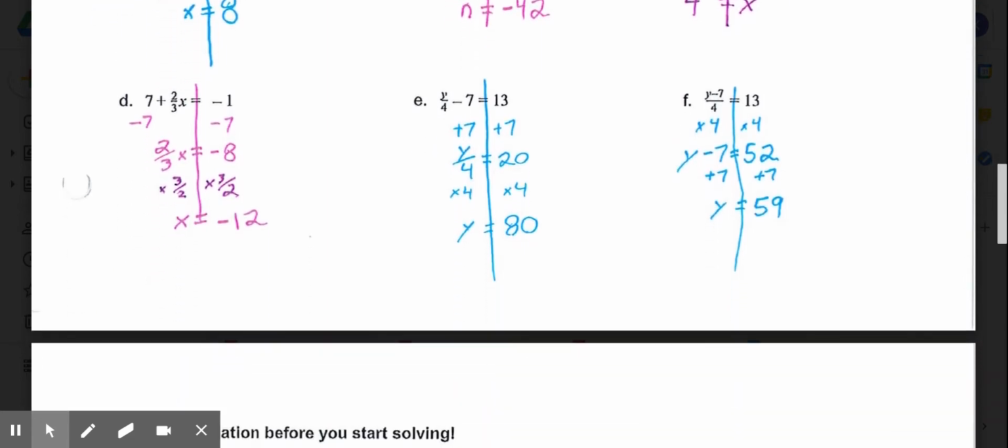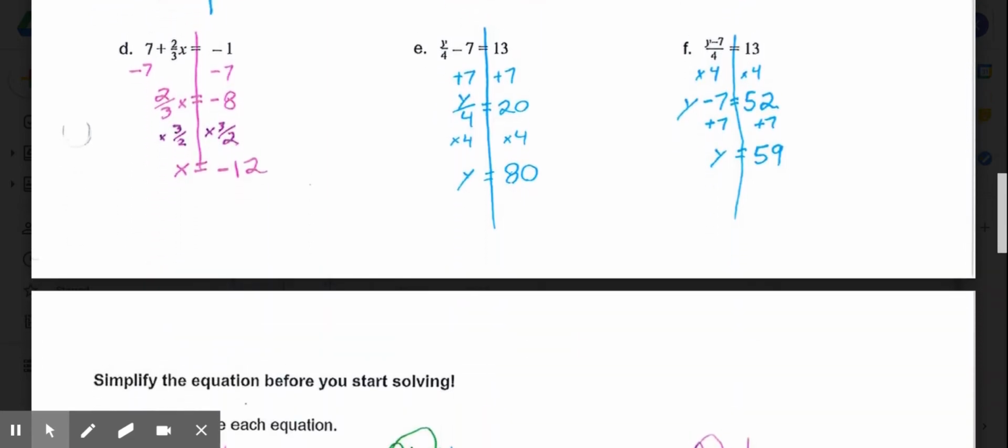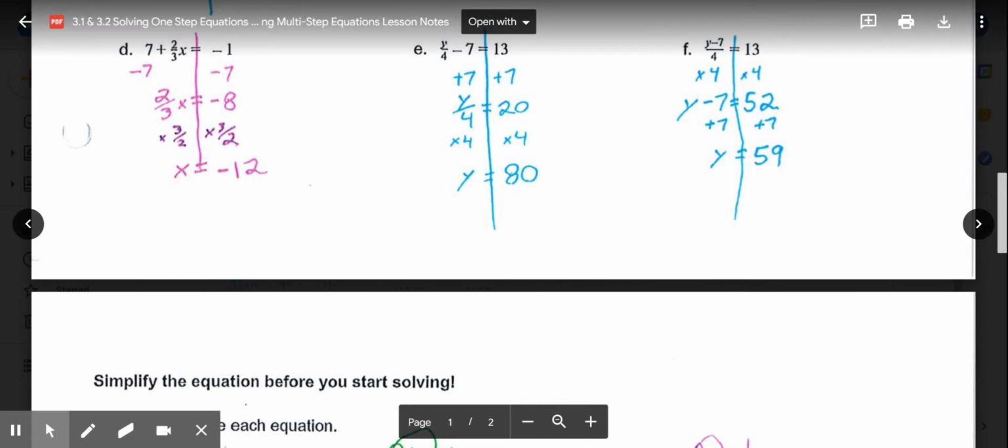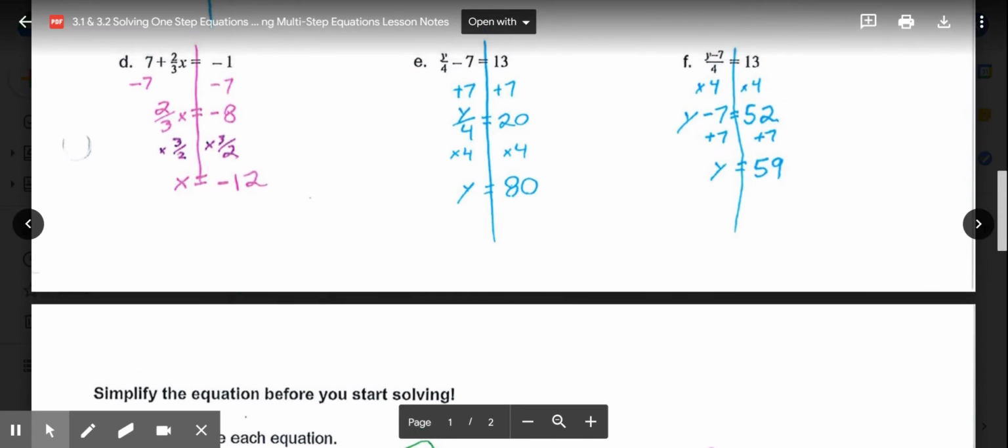Now let's look at D, E, and F. In D, we have 7 plus 2/3 multiplied by x equals a negative 1. In this case, we want to undo the addition of 7, so we'll subtract 7 from each side. We have 2/3 times x equals a negative 8.